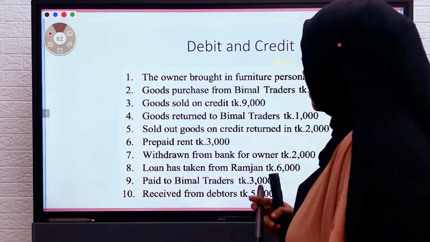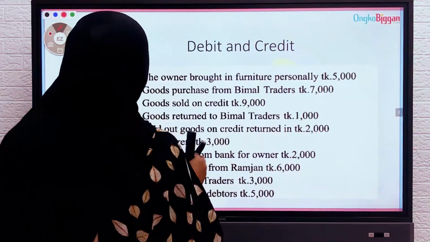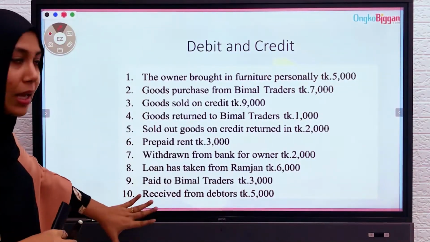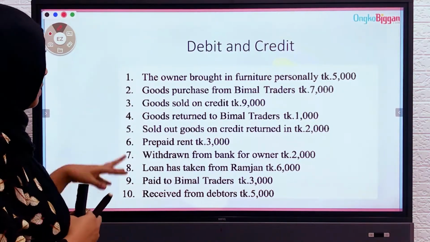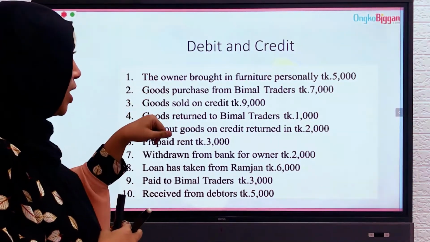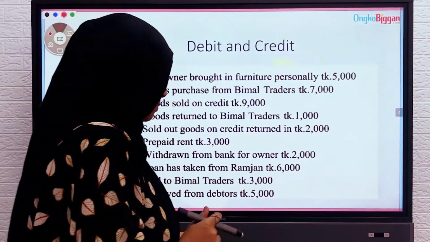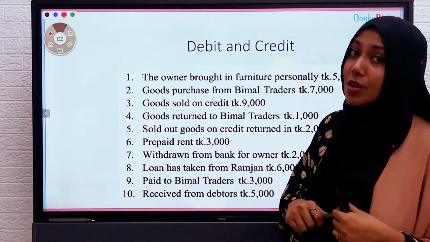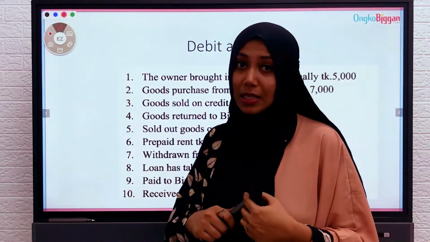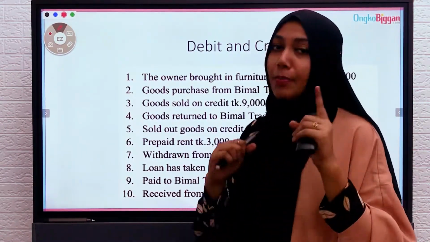Okay, here are some examples of debit and credit. Some transactions have been given, and you will have to find out the debit and credit. Number one, the owner brought in furniture personally, Taka 5,000. I have already explained the 10 transactions in my previous lesson. So for now, it's up to you.